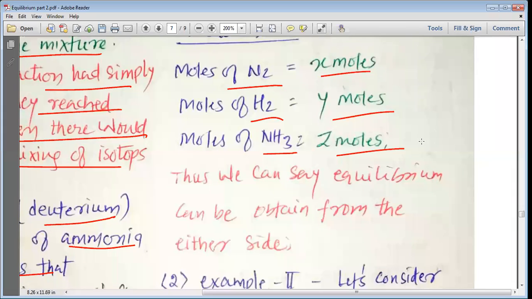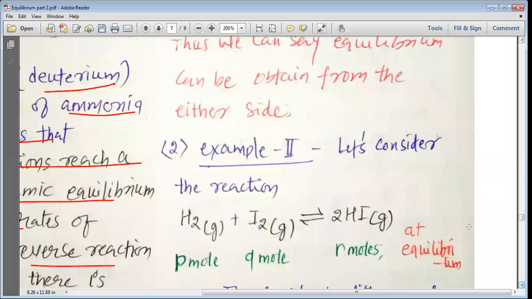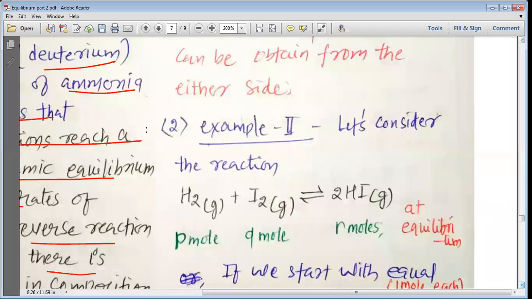Whether you obtain the equilibrium from the reactant side or from the product side, this is how we can say that equilibrium can be established from either side. The second example we will study in the next class. Now if you have any doubt, my dear students, you can ask me, or we can start the revision.